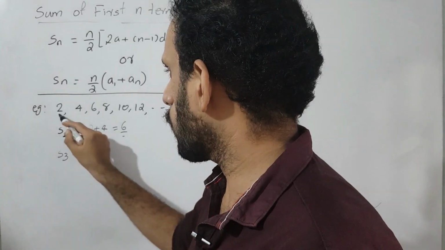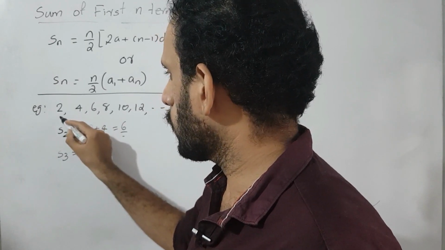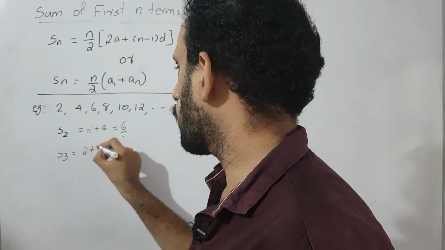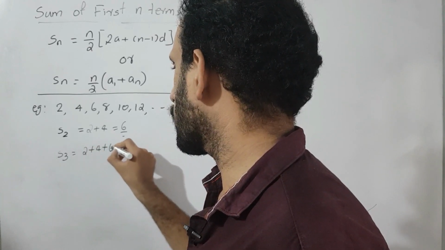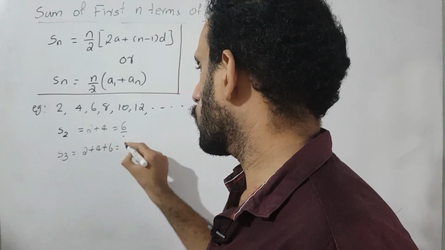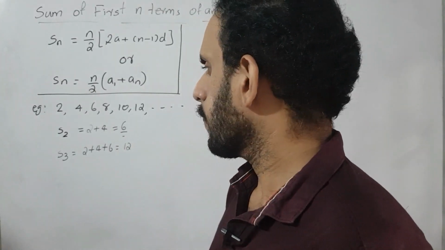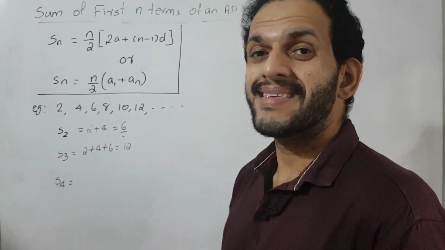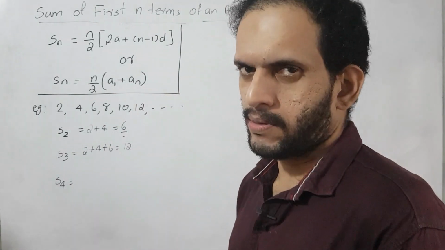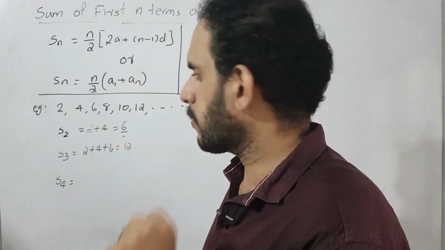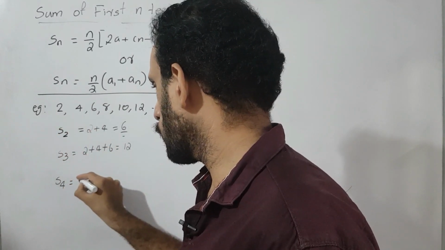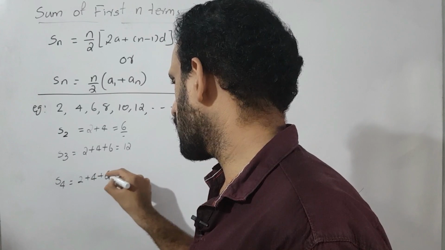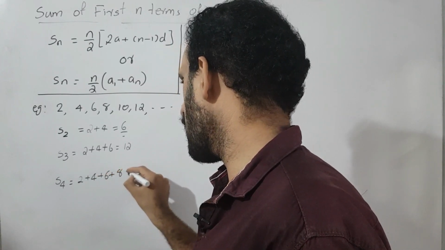Then what are the first three terms? 2, 4 and 6. Then 2 plus 4 plus 6 is 12. Okay, then S4. S4 means sum of first four terms. Correct? What are they? 2 plus 4 plus 6 plus 8.